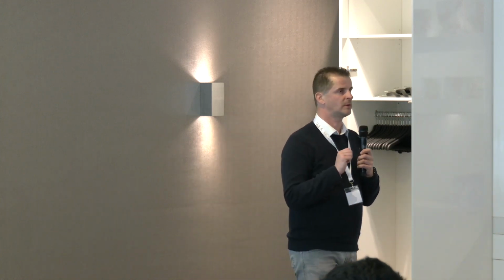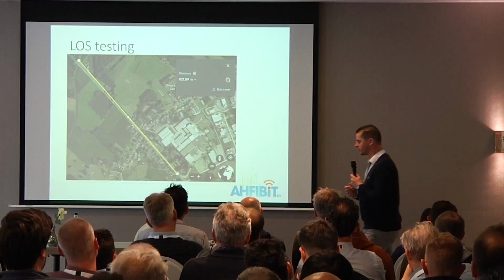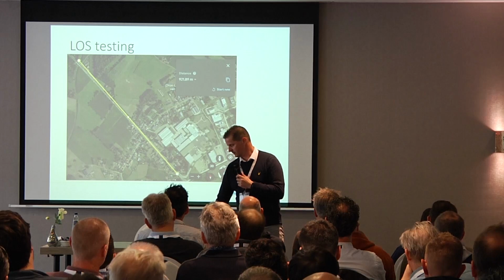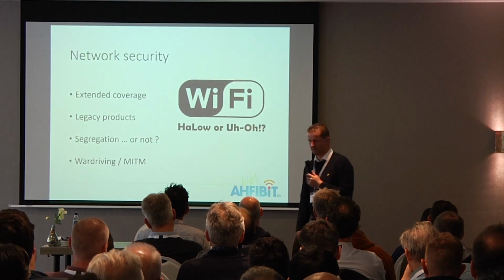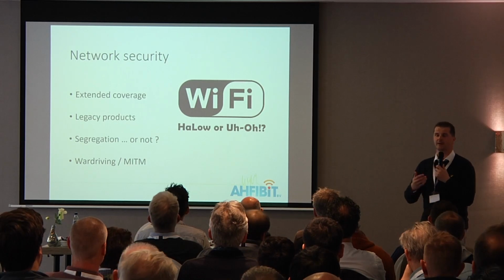So my question now, if I send out a signal 900 meters wide from where I am, and it's IEEE, it's a Wi-Fi standard, what is the danger for me? Because the problem here is it's Wi-Fi, Halo, it's IP.